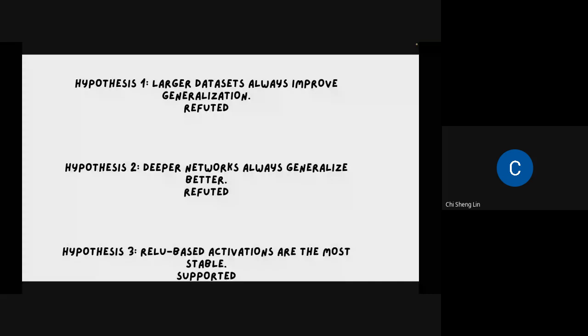So according to the previous graph, the activation function plot shows that ILU and leaky ILU, the ReLU and leaky ReLU outperform others. Yeah, so that's the conclusion for task 1, and the other person will introduce task 2.